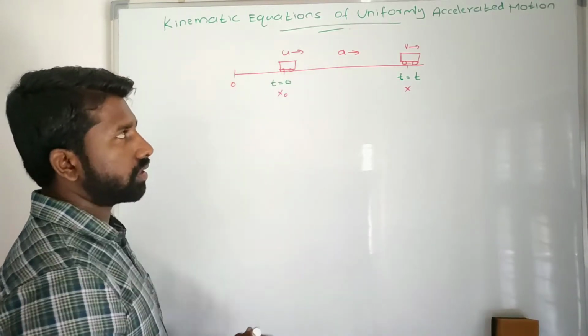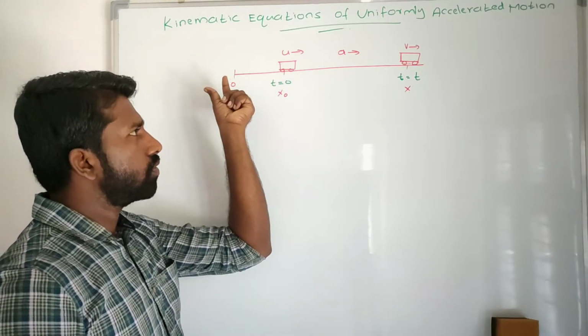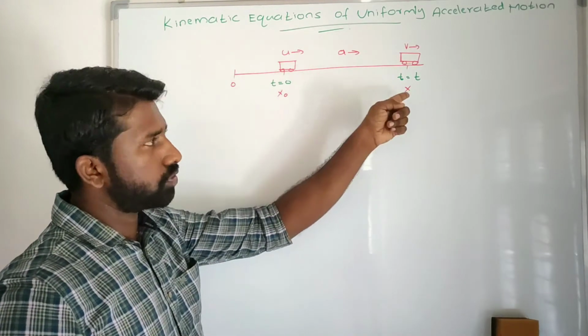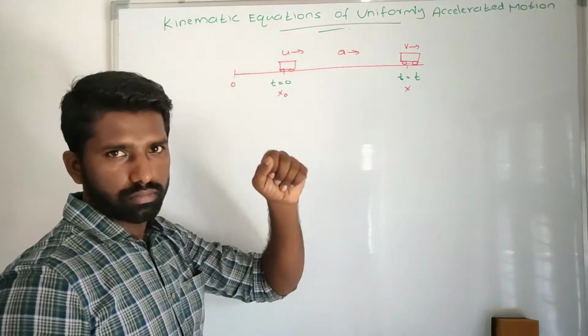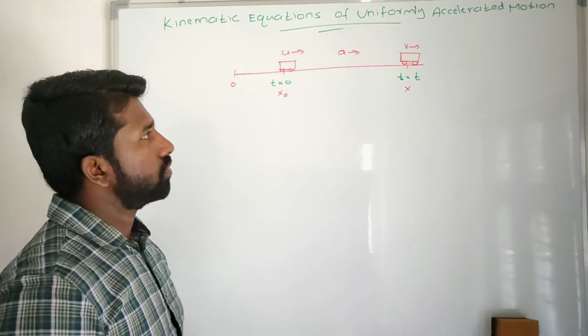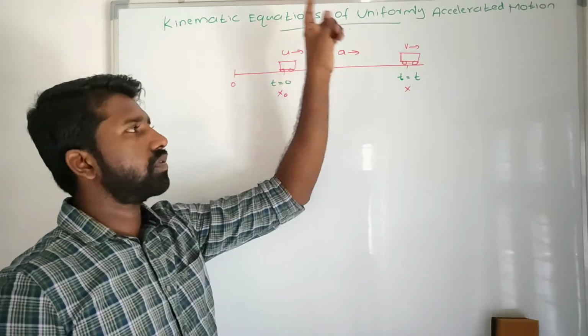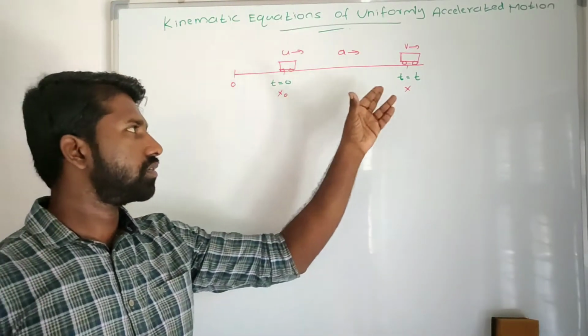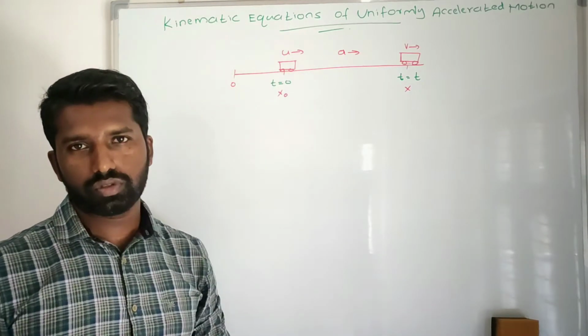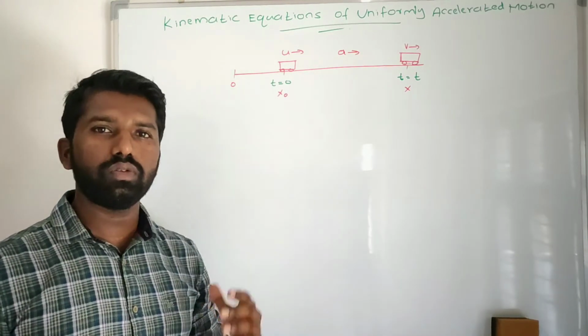Then this body gets an acceleration a, so it will be at position x after time t, and the velocity is v. How can we find this velocity and this x by using the initial values? We'll do it like that.